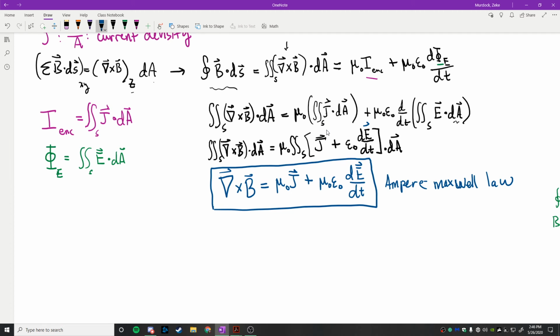Now, there's another derivation we can do with this too. We can skip all the steps now, because you've seen how it works. If I start with the other equation, which is Faraday's law, it tells us that the EMF is equal to the negative time derivative of the flux, right?